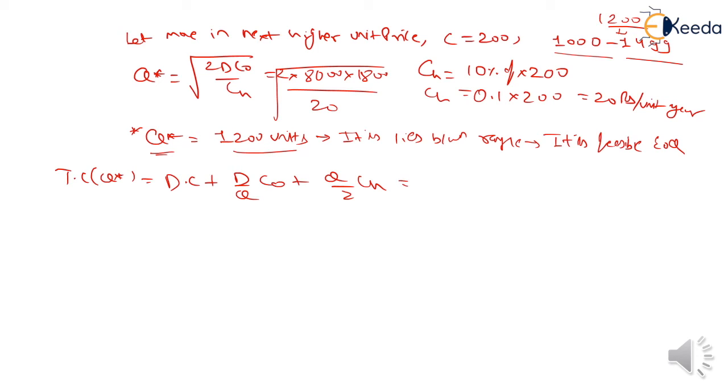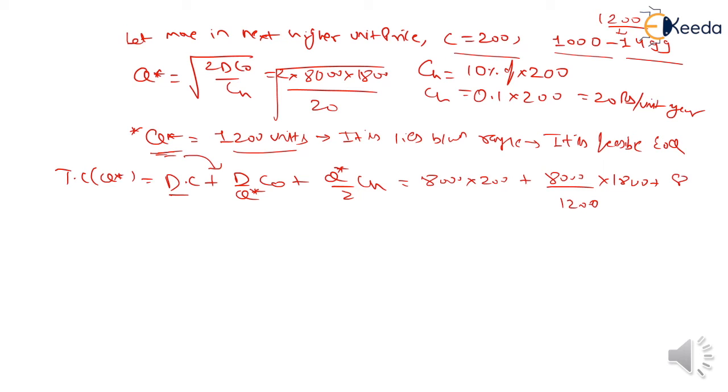D, the annual demand given in the question, is 8,000, and C is the unit cost, which is 200, so 8,000 into 200, plus D, 8,000, upon Q. Here Q is replaced by Q star, so 8,000 divided by 1200 into C naught, 1800, plus Q star by 2.